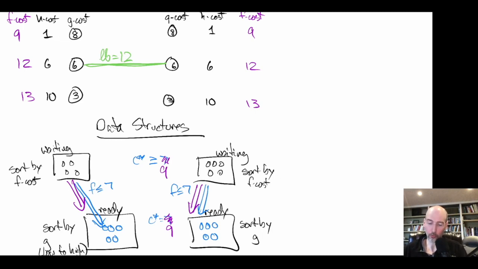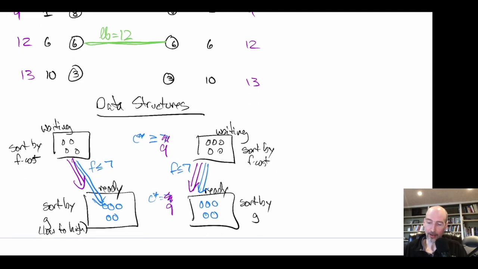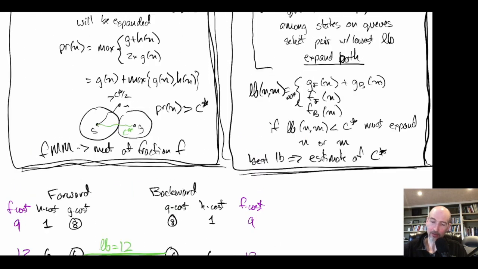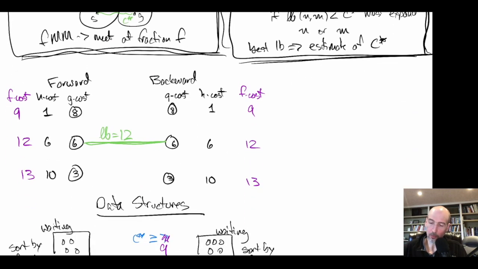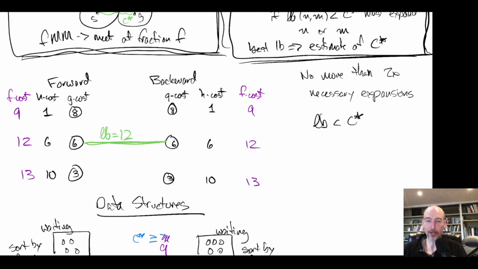Again, I'm not going to go through some of those proof details, but NBS has this guarantee: no more than 2 times the necessary expansions, and necessary expansions meaning those with LB less than C star. And we don't say anything about tie breaking.